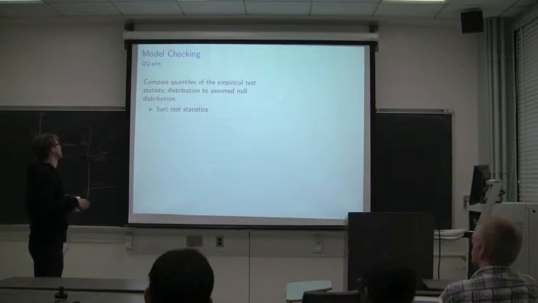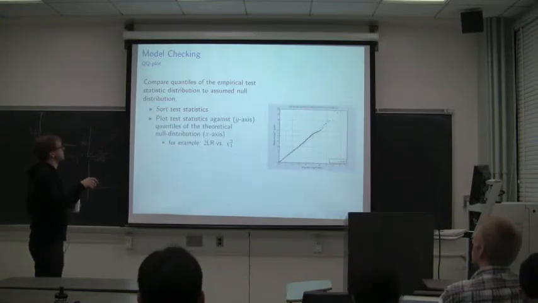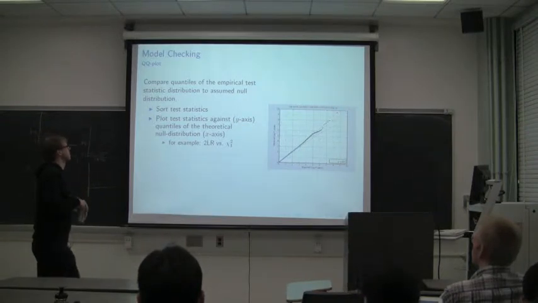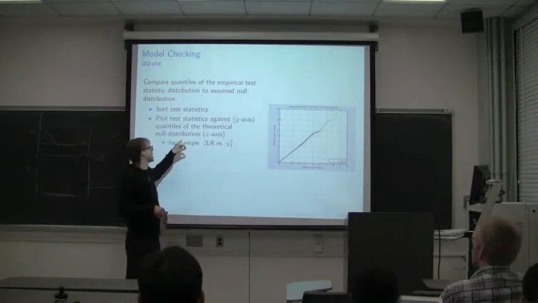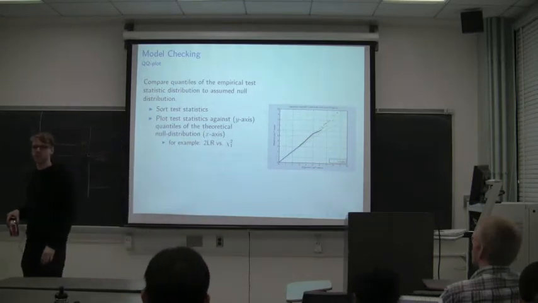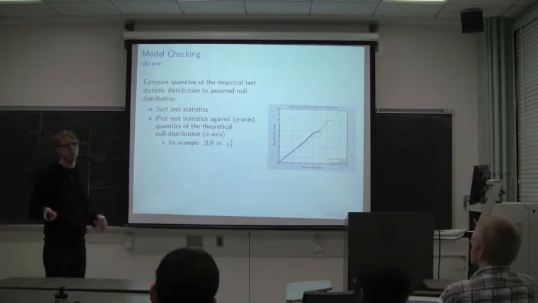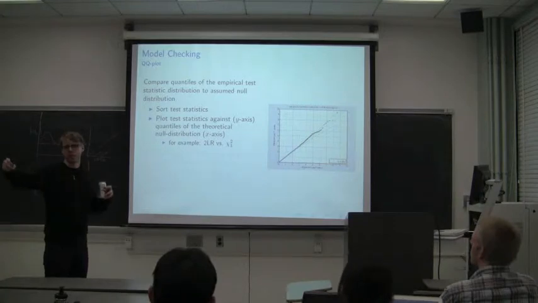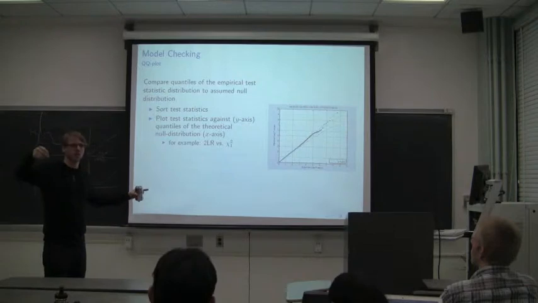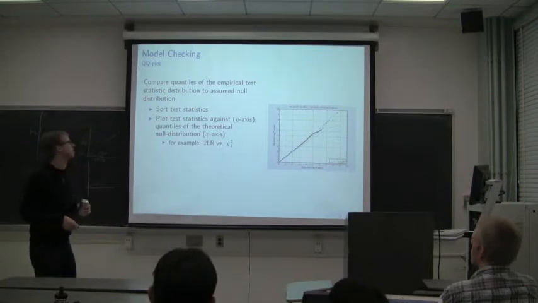We sort the test statistics and plot the sorted ones on the y-axis against the theoretical quantiles of the null distribution. We know that the null p-values are uniform, so we take minus log 10 of uniformly distributed values on the grid between 0 and 1, and plot them against what we observed.